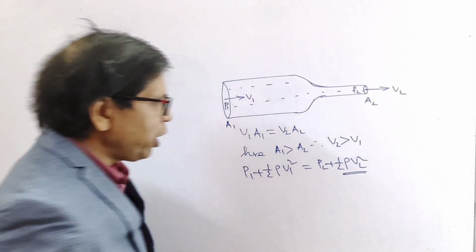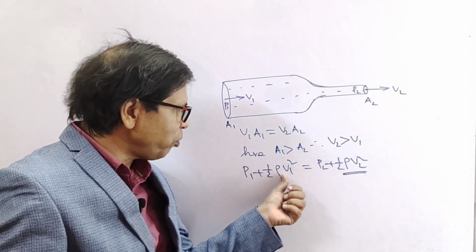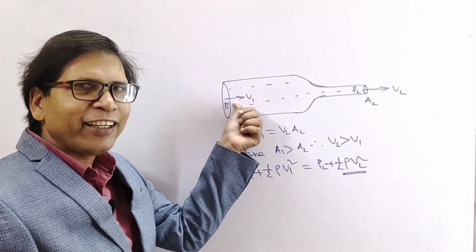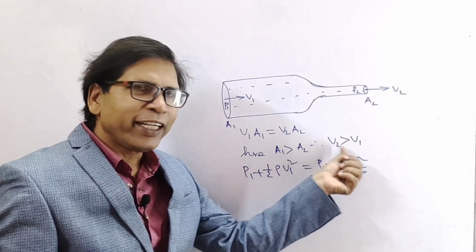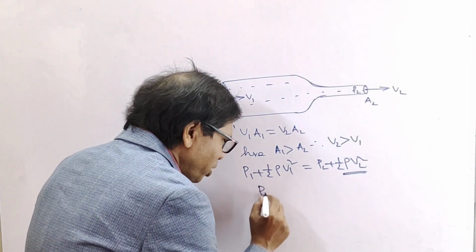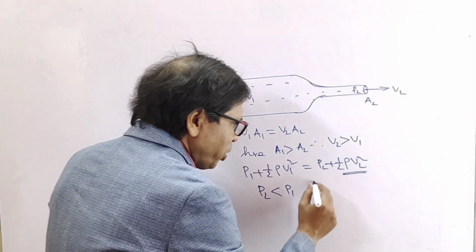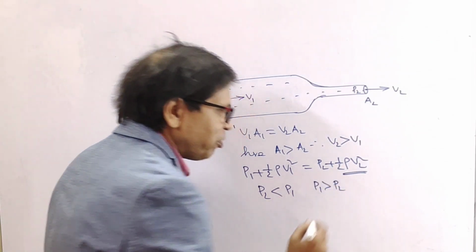Kinetic energy per unit volume is more at this section because V2 is greater than V1. Therefore obviously P2 is less than P1, that is P1 is greater than P2.